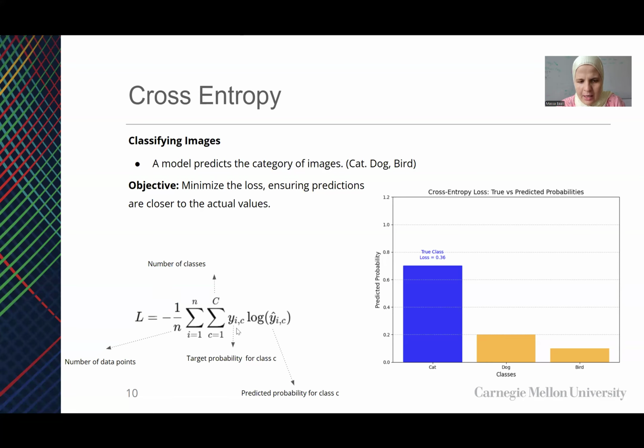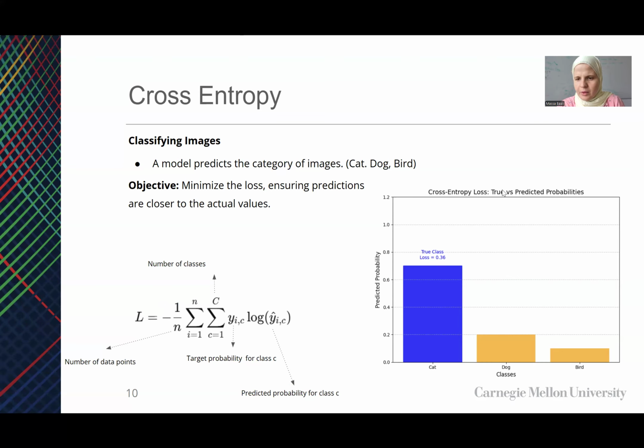The yi,c is the target probability for class c, and the log yi hat,c is the predicted probability for class c. The objective is to minimize the loss, ensuring that the predictions are closer to actual values.